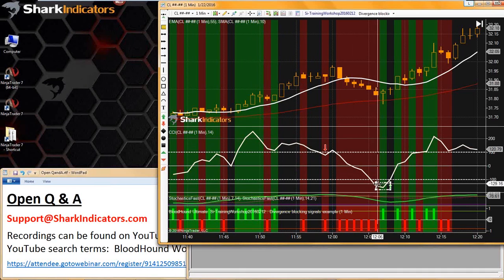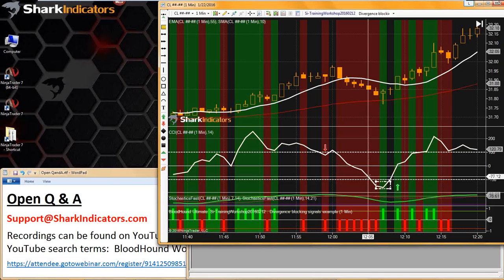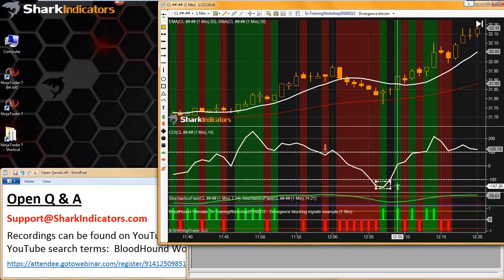So right here, let's see, actually this would be ignored too, I think. I don't think the CCI was below negative 100 for more than 3 bars. It looks like it was only 2 bars below. It's kind of hard to tell exactly when the CCI crossed that negative 100.